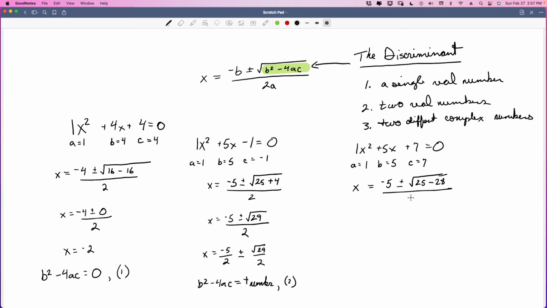All over 2 times a, which is 2. x is equal to negative 5 plus or minus the square root of negative 3 over 2. Right? We can't have a negative in here. So our answer ends up being x is equal to negative 5 over 2 plus or minus the square root of 3 over 2 i.